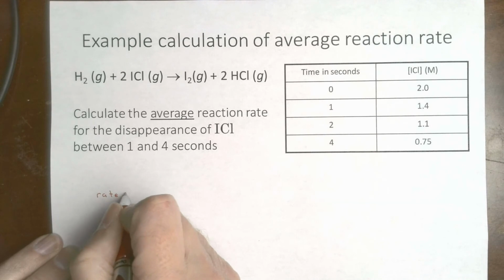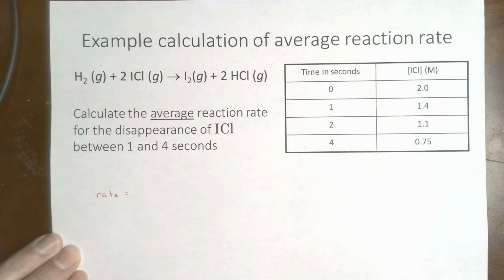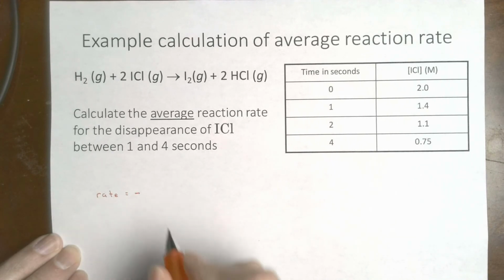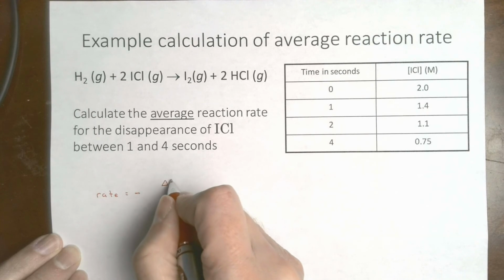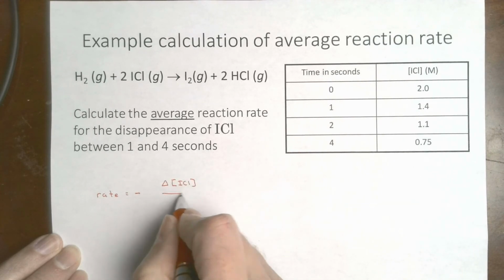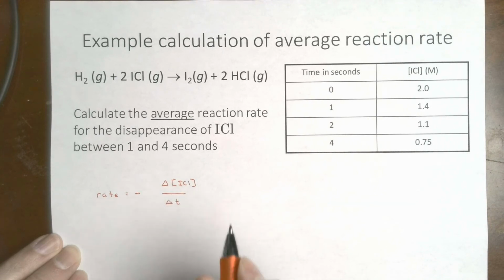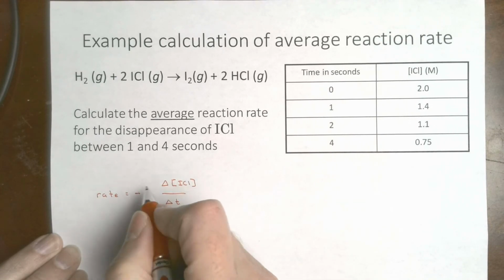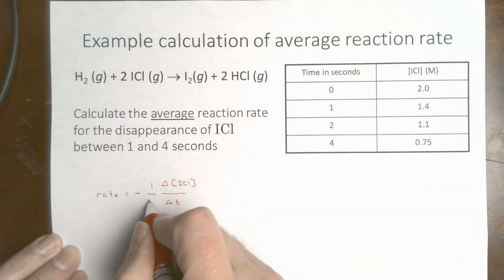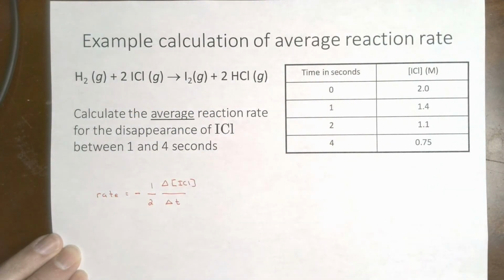The reaction rate in terms of ICl is going to have a negative sign in front of it. It's going to be the change in the concentration of ICl over the change in time, with a factor in front of it of 1 over 2, where the 2 comes from the coefficient in the balanced chemical equation.